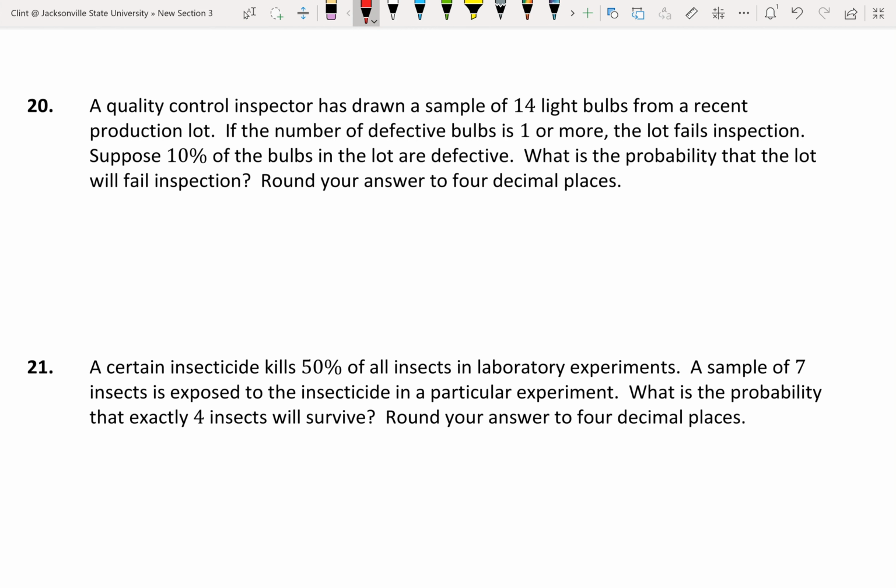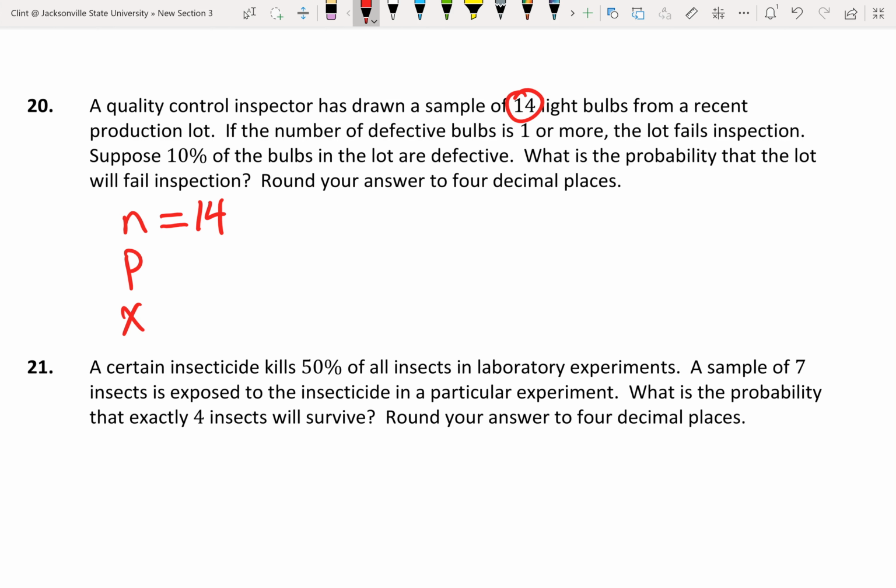So if we're dealing with a binomial distribution, we need our 3 numbers. We need n, p, and x. So n is the sample size or the number of trials. So we are going to test 14 light bulbs. So that's n. P is the probability of success on 1 trial. So we're calling a success a defective bulb.